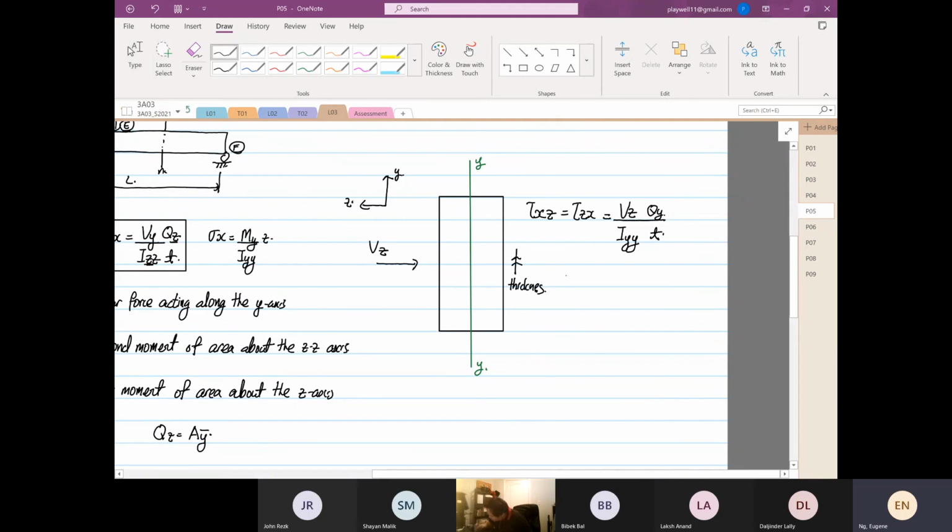So Qy is the first moment of area about the Y axis. Okay. If this is the area of interest, okay. Now the area of interest, if you see how we drew the area of interest, right?